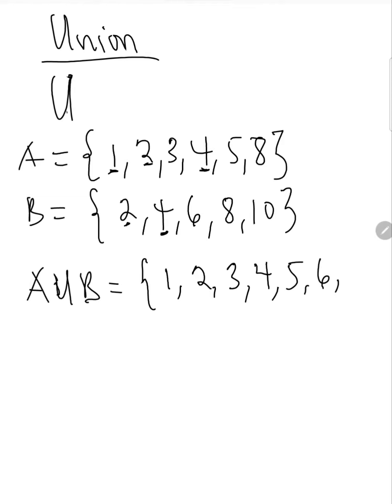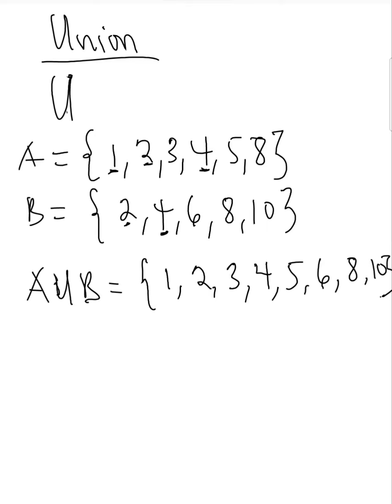Then we have what? The element 8 in both sets. Then the element 10 in set B. So the union, when you find A ∪ B, we have 1, 2, 3, 4, 5, 6, 8, and what? 10 as the elements.